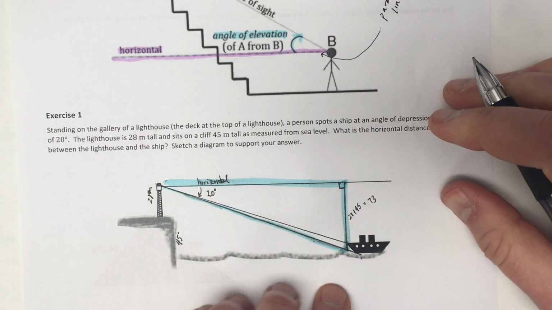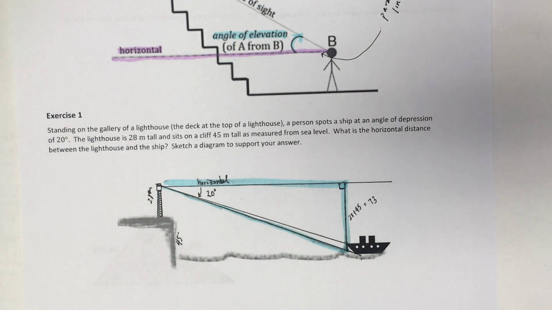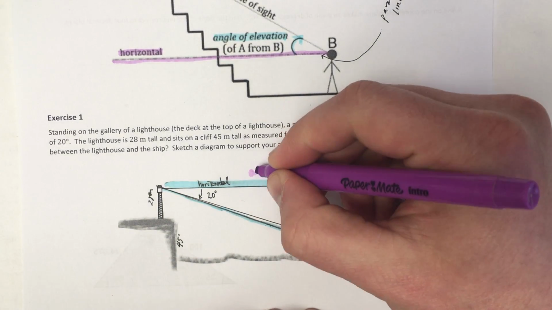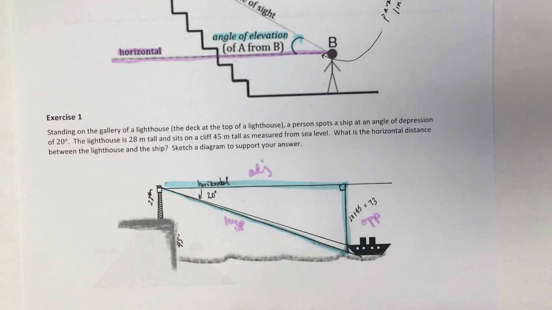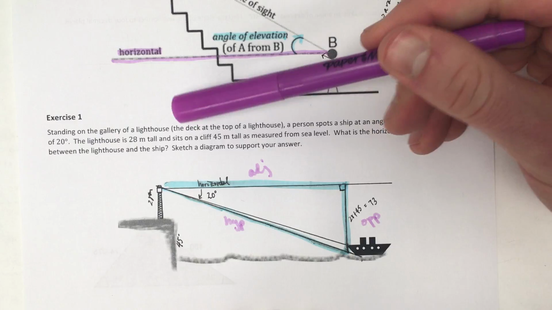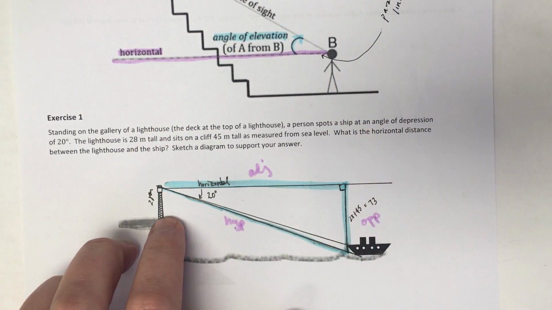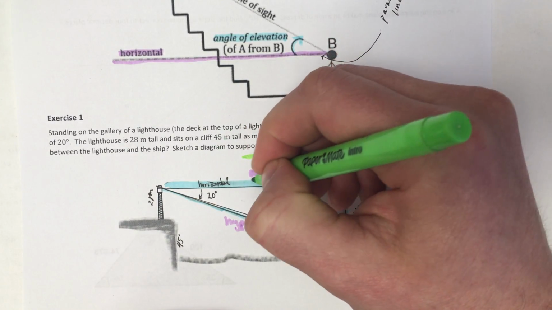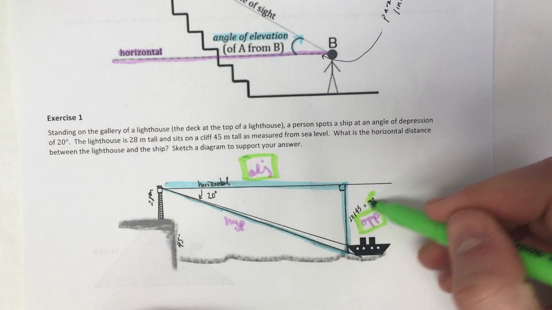And so my setup depends on me making sure that I'm very comfortable talking about my opposite. So here's my opposite, here's my adjacent, this is my hypotenuse. They want to know the horizontal distance between the lighthouse and the ship. So really what they're asking is the adjacent distance, with the opposite, because they gave me the 73.